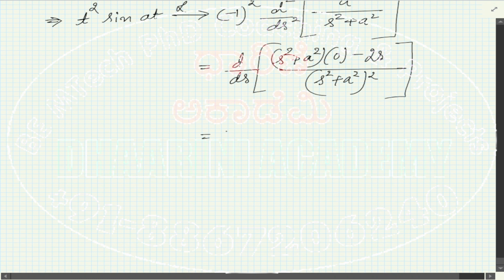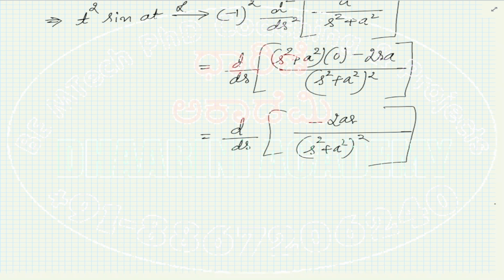So I'm supposed to apply two differentiations, but I keep one of them as it is because I can apply only one at a time. So d by ds of this is minus 2s into a. Okay, this is minus 2as divided by (s square plus a square) the whole square.